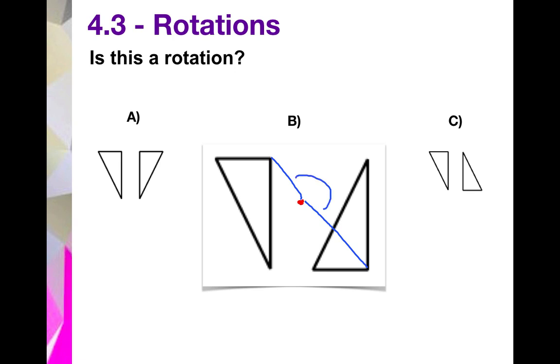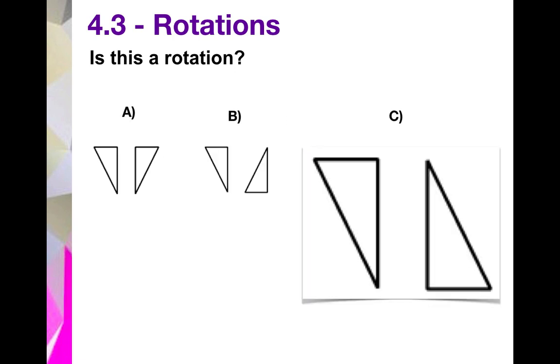We can pick another point and put that to the center of rotation, and this is the after, and you can see that the angle is not the same. It's actually a little bit bigger. So this is not a rotation because it doesn't follow both rules. The distances are the same, but the angles are not the same.